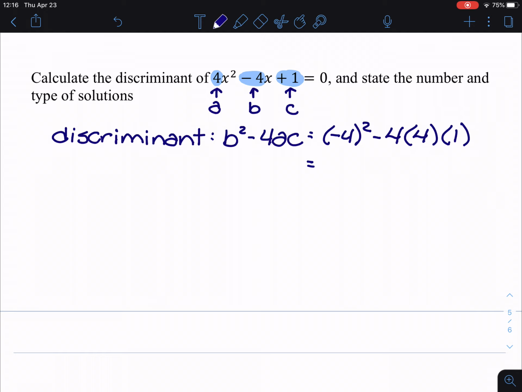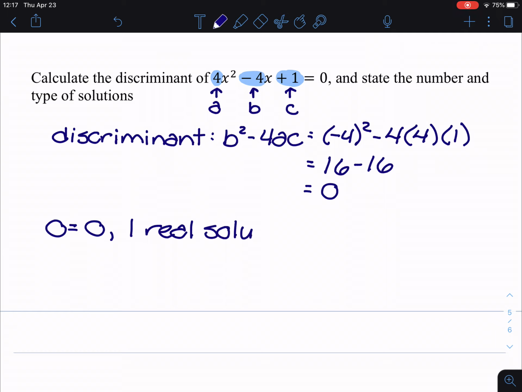So -4 squared, -4 times -4, is a positive 16. And then I have -4 times 4, which is -16, and -16 times 1 is still -16. So I have 16 minus 16, which is equal to 0. So what this tells me, the discriminant is equal to 0, which means in this case I have one real solution to my quadratic equation.